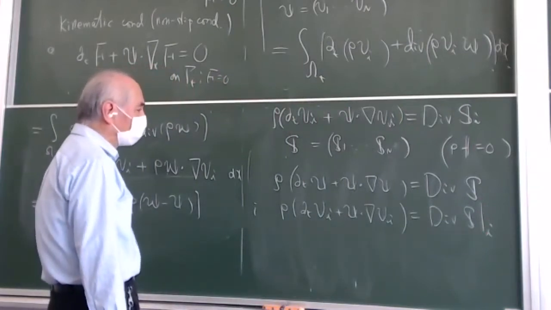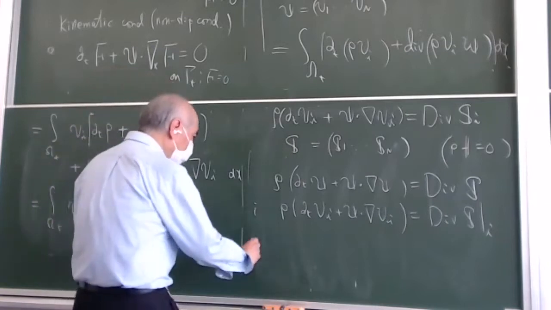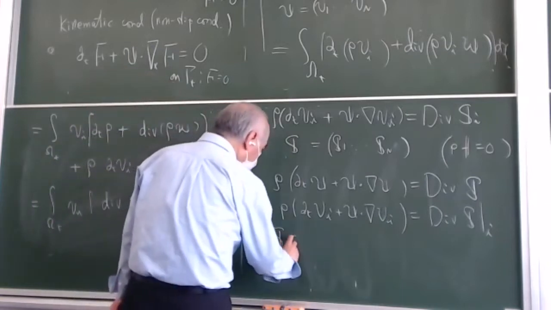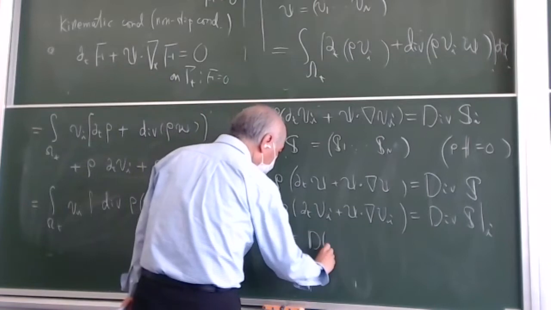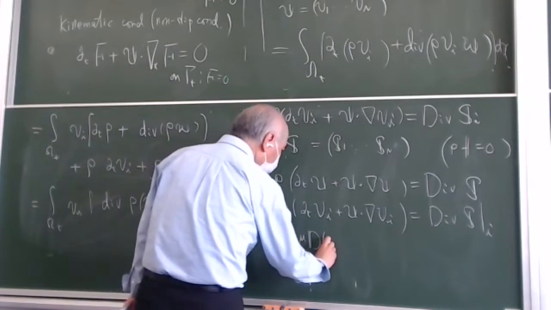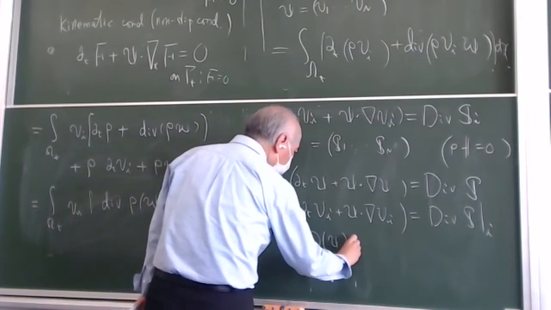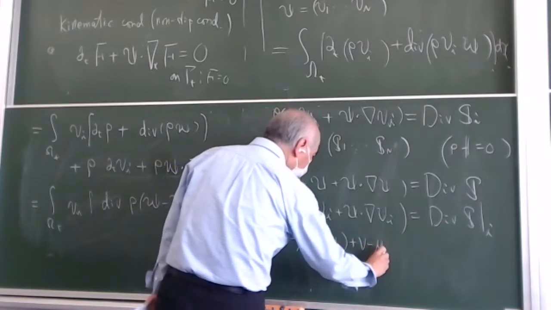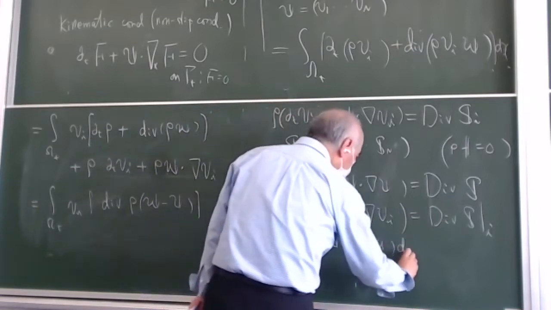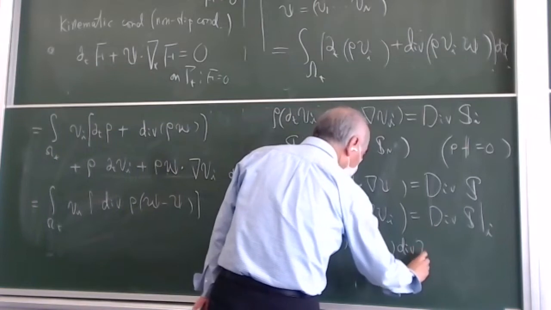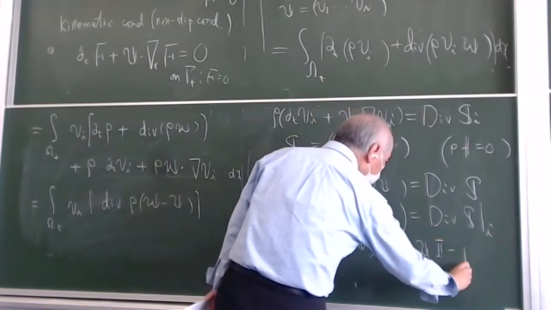And then S is mu times the gradient of v plus mu minus mu divergence of v minus b.